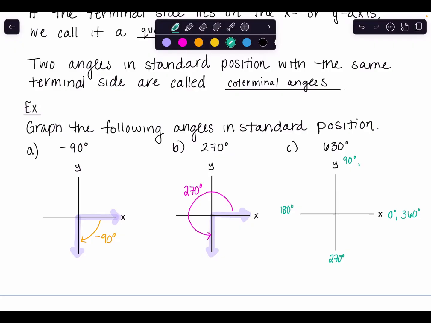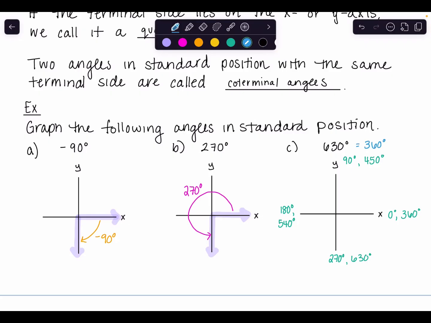Well, I need to go past that, so I'm going to keep going up by 90 degrees. 360 plus 90 is 450 degrees. 450 plus 90 means this side over here is also 540 degrees. Adding 90 to that again lands me at 630 degrees, which is exactly my angle.